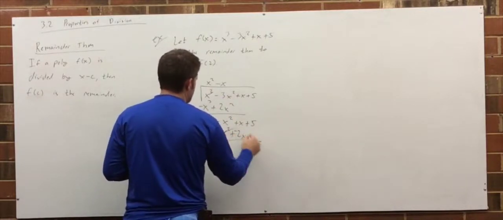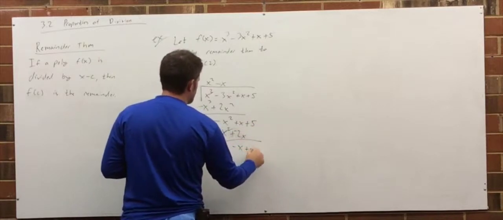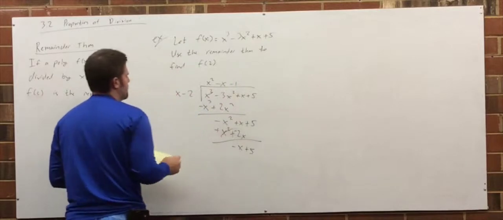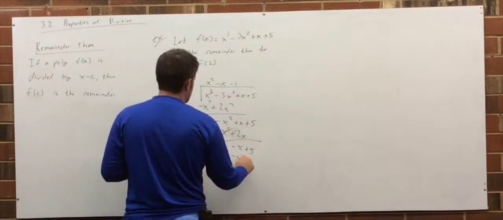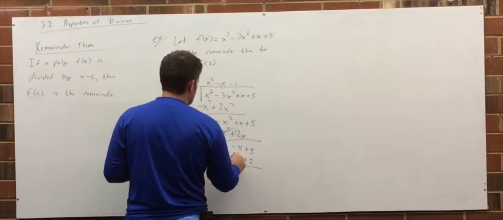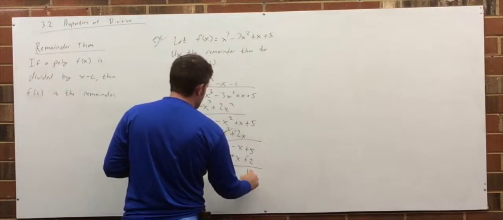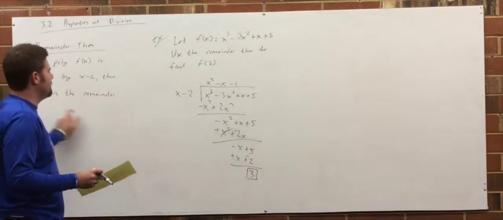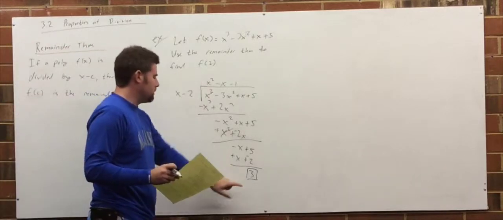Changing your signs again, leaves a negative x plus 5. X goes into negative x, negative 1 times. It's a negative x plus 2. Change your signs and you get a remainder of 3. So by the remainder theorem, f of 2 should equal 3.